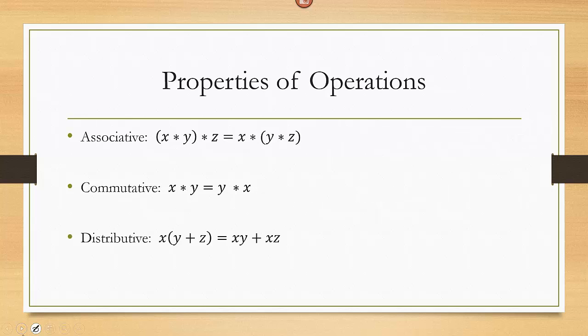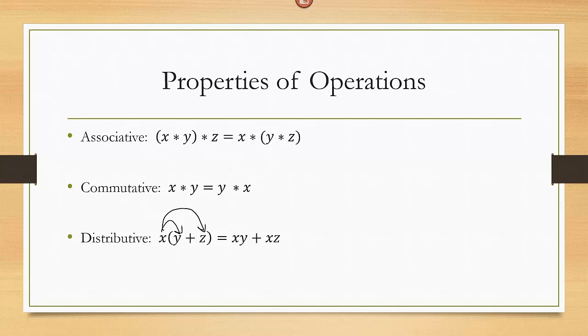Lastly, we have the distributive law, or distributive property. This property basically states that x times y plus z equals x times y plus x times z. The x is pretty much just distributed to the y and the z inside the parentheses.